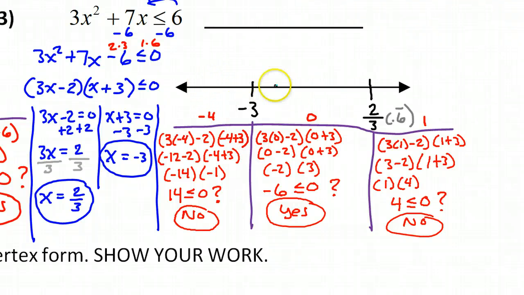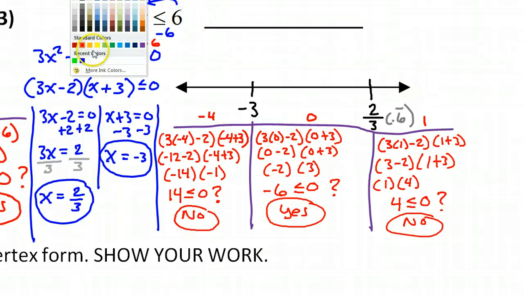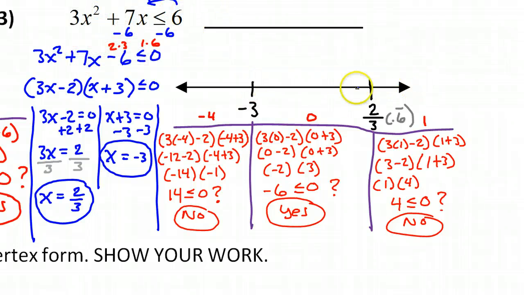Let's talk about the X-intercepts themselves. The X-intercepts give you equal to 0 if you plug them in. That's where they came from, equal to 0. And we want the values that will give us less than or equal to 0. So equal to 0 is okay.